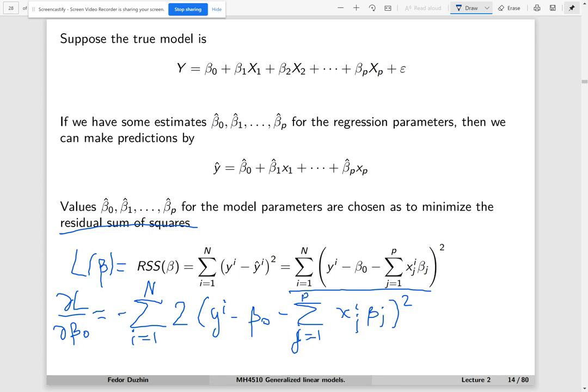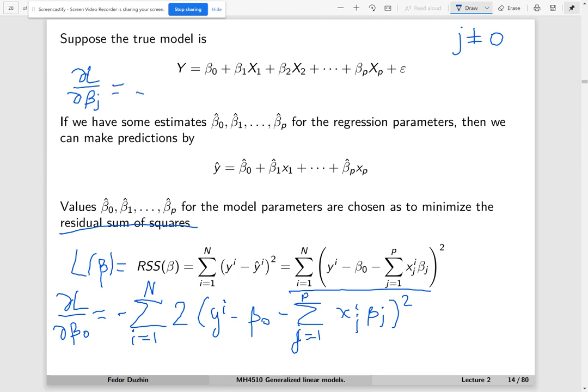Okay, cool. In the same way, we can write the derivative with respect to beta j, where j is not 0. So dL d beta j. The first part of the calculation is still the same.